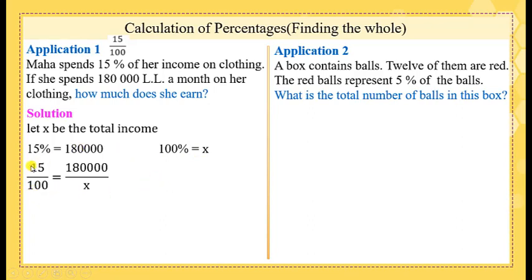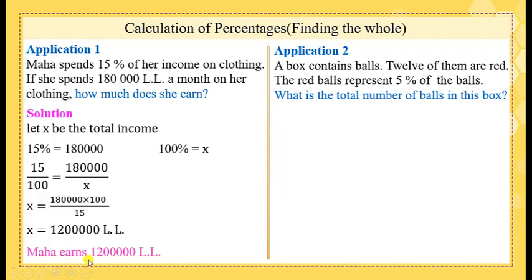So the proportion becomes 15 over 100 equals 180,000 over x. Using the law of proportion, we get x equals 1,200,000 Lebanese lira. Thus, Maha earns 1,200,000 Lebanese lira.